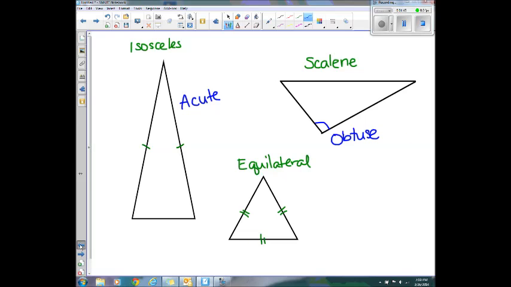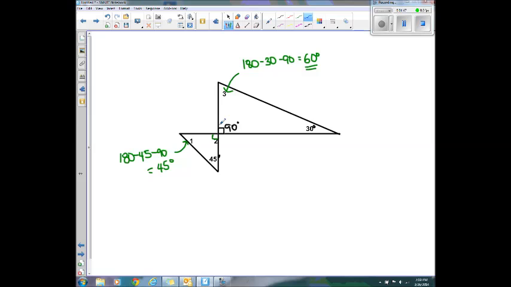And if you have a triangle like we did on this other page where there's a 90-degree angle involved, we call that a right triangle. Two words, even though mine run together.